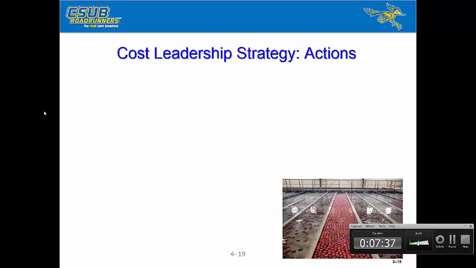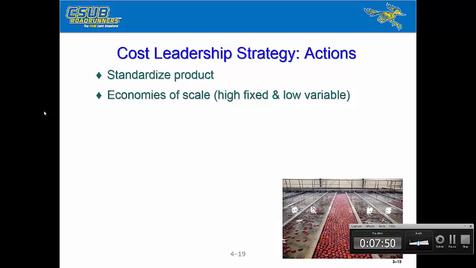So we'll get to the case template in a second, but some actions that cost leadership companies can take: standardizing their product, focusing on economies of scale with high fixed costs and very, very low variable costs. You can focus on low input costs or low costs from your suppliers.